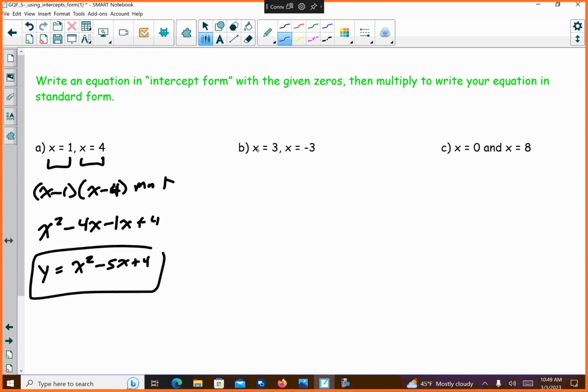So let's see. Can we figure out this one? What binomial does this give me that I just underlined in purple? X minus 3. And then this is x plus 3. Multiply them together. X times x, x times 3, -3 times x, -3 times 3.